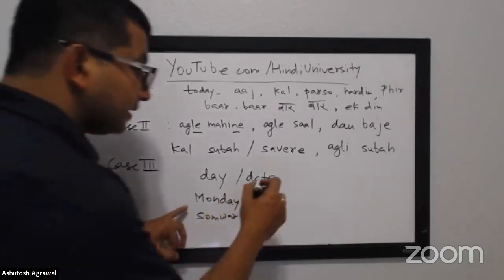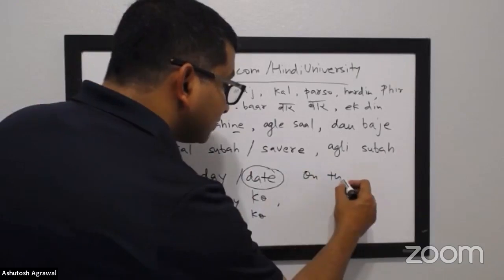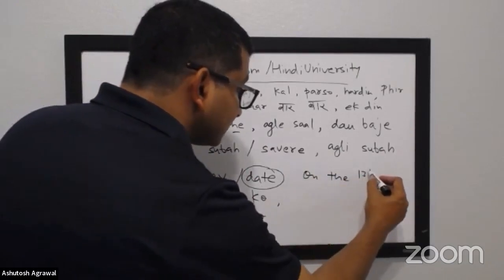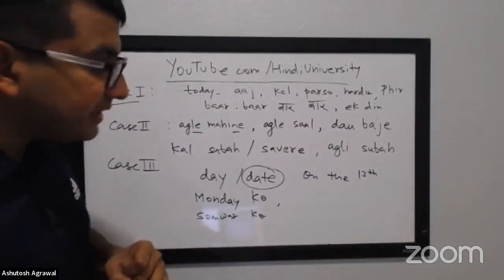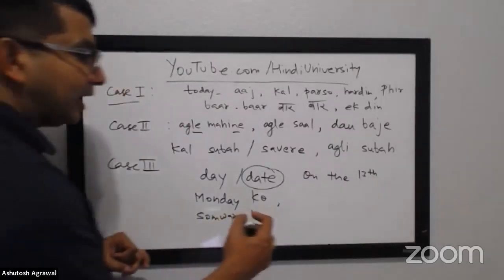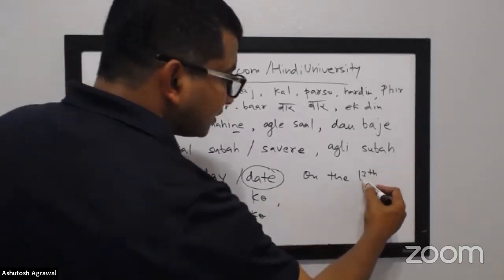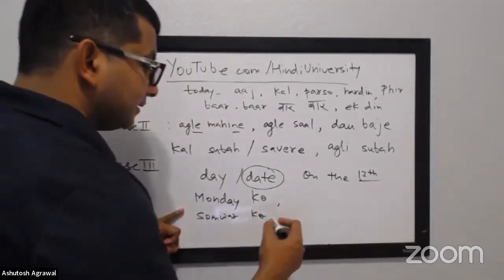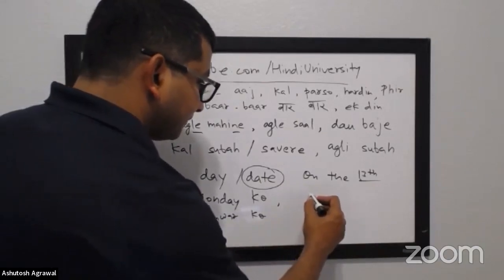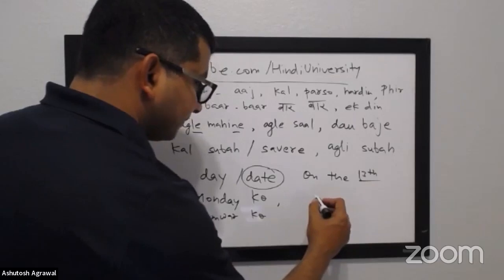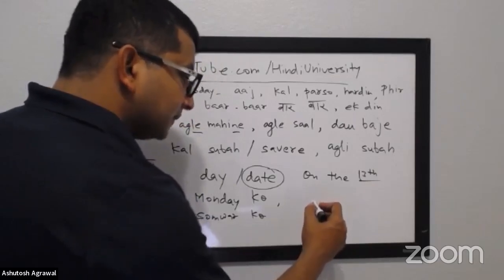Similarly, you want to say a particular date, on the 13th. JDG, how will you say that? I will go to Paris on the 13th, this particular date. 13th को Paris जाऊंगा.